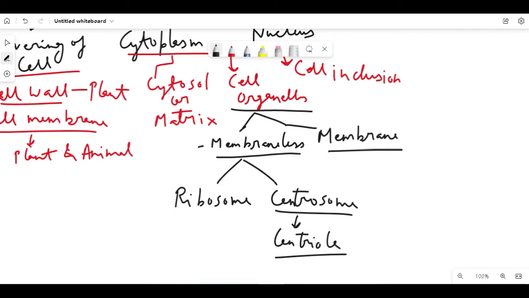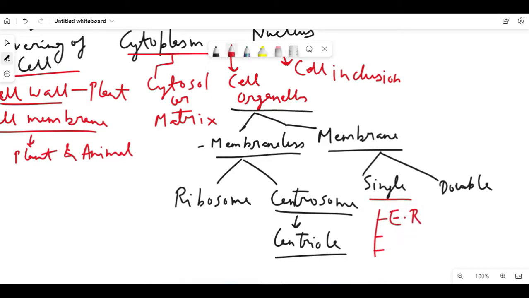And this membrane is further divided into two types: first one is single membrane bound and second one is double membrane bound. And this single membrane is further divided into three parts: first one is endoplasmic reticulum, second one is Golgi apparatus, and third one is lysosome.